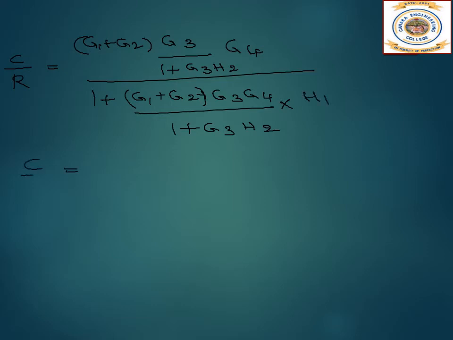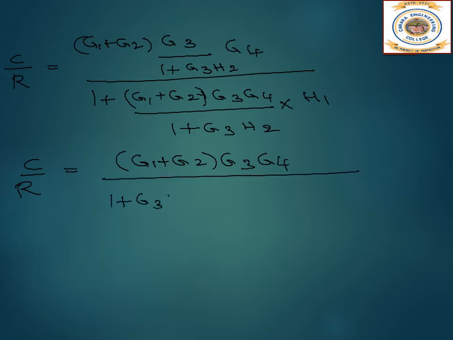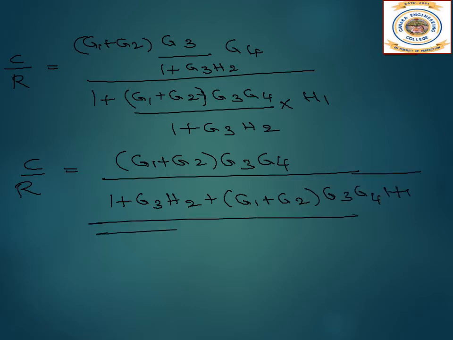Finally C by R, taking common denominators, is G1 plus G2 into G3 G4, whole divided by 1 plus G3 H2 plus G1 plus G2 G3 G4 H1. So this is the final answer.